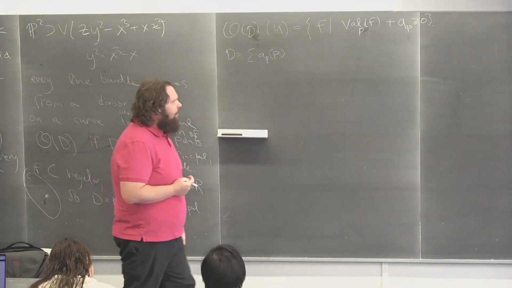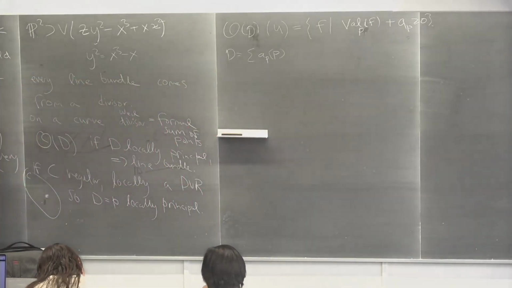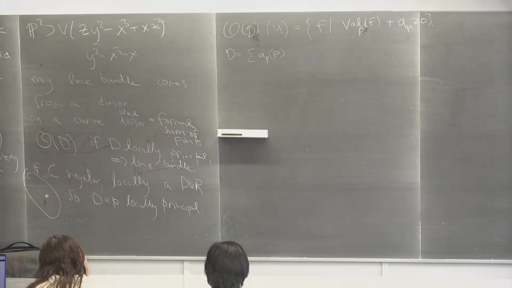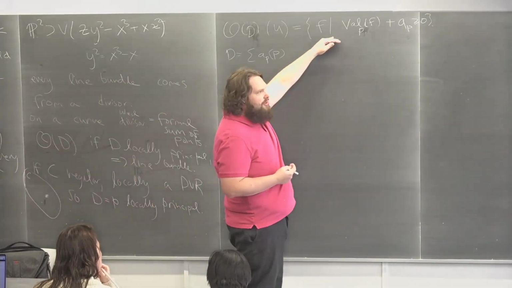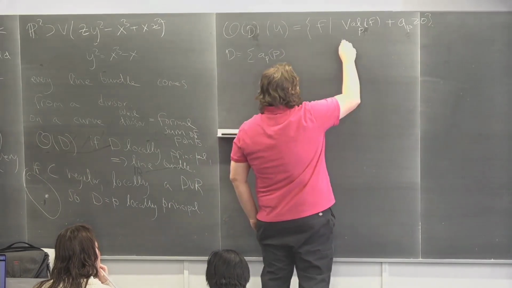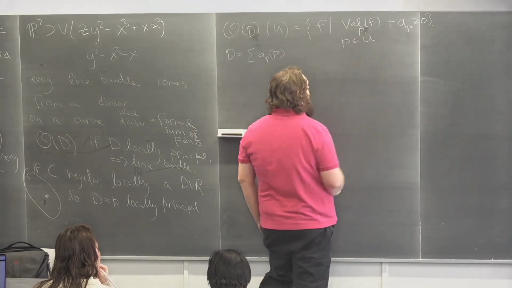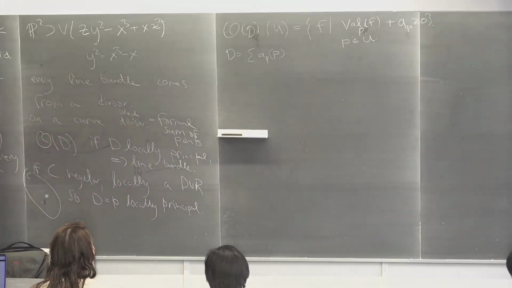So for example here, on P1, every rational function has some poles. So whether a rational function gives me a section of this, whether these cancel out the poles, and I should have a dependence on U here, this is only for P and U. I'm checking whether something is a section over U.